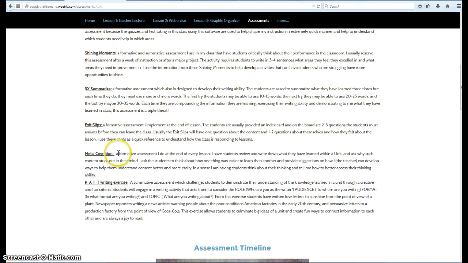Now, my metacognition, I like this one because I'm really into students critically thinking about themselves. This is a series of questions that make students guide their thinking about thinking on a deeper level. So I'll ask them, what do you think you did well today? Why do you think you did well today? Now that you've understood why you think you've done well, what do you think the next lesson should be about and why?